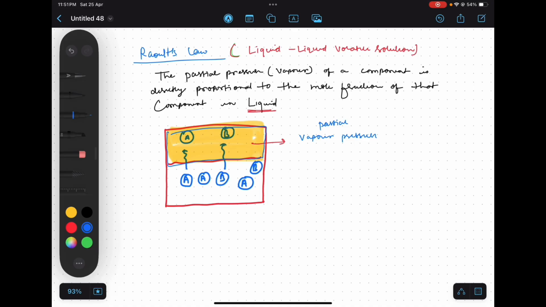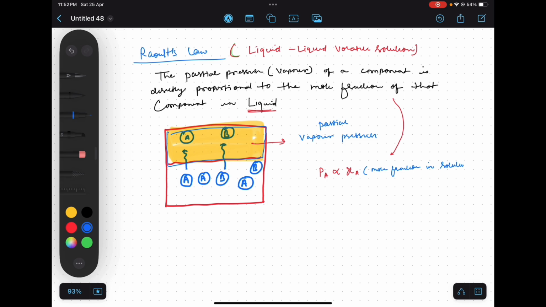So this partial vapor pressure, by Raoult's law, if I am talking about PA, is proportional to the mole fraction of A, and this mole fraction is of the liquid phase, in solution.